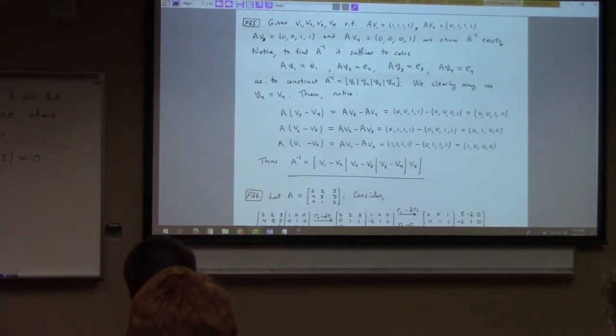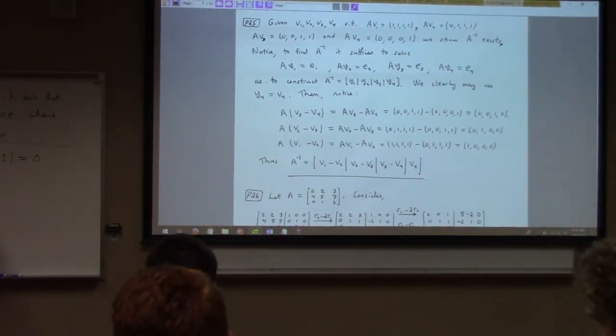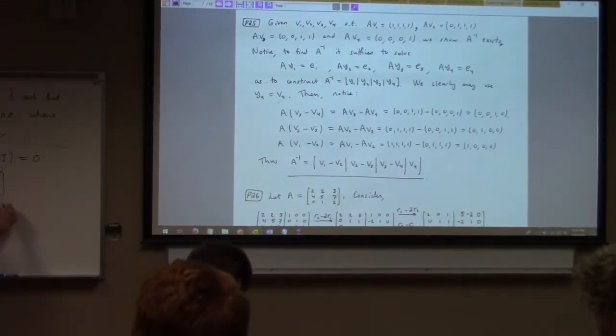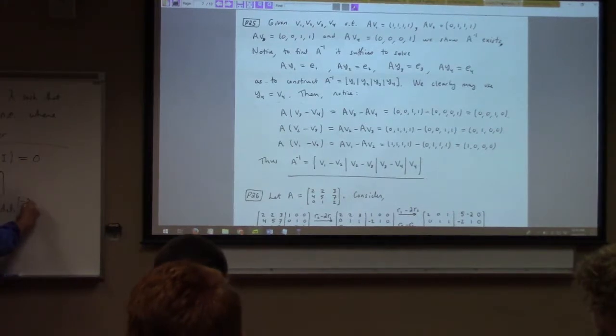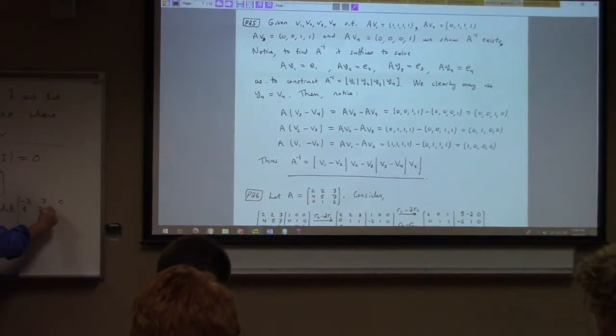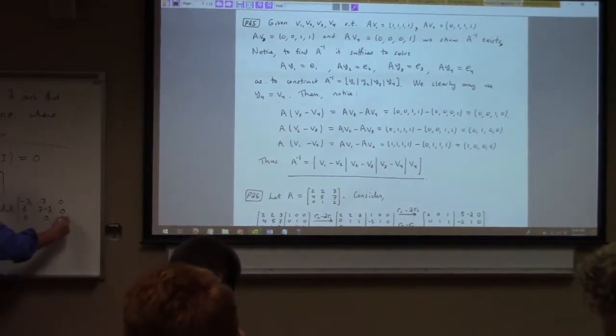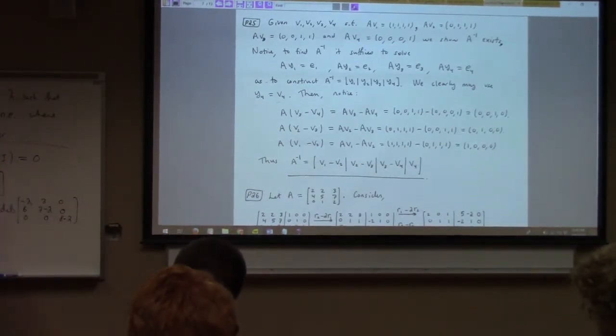So if I give you a particular matrix, say, 0, 3, 0, 6, 7, 0, 0, 0, 8, then the determinant of A minus lambda I is the determinant of minus lambda, 3, 0, 6, 7 minus lambda, 0, 0, 0, 8 minus lambda. And you have to work that out.